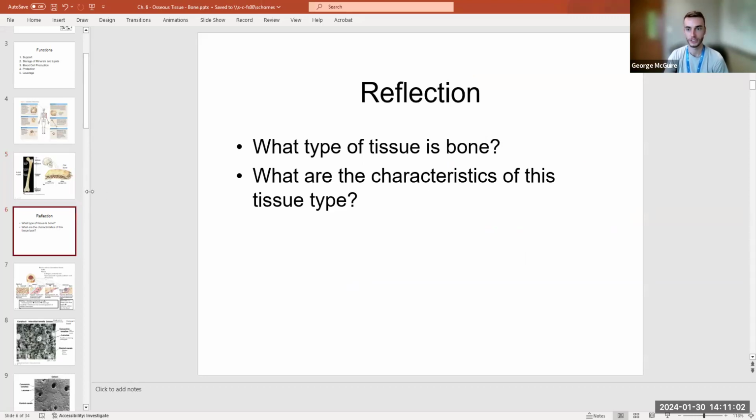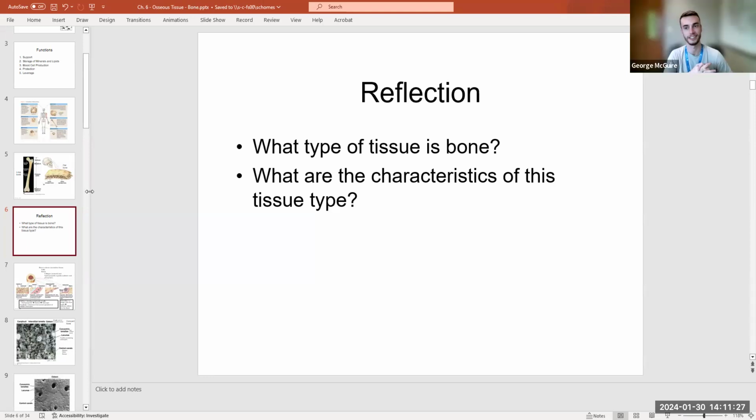So before we move on into looking at the structure of this tissue further at the cellular level, I'm going to do a quick reflection to chapter 4 and have you guys think about what type of tissue did we say bone was? So what type of tissue is bone? Dense connective tissue.